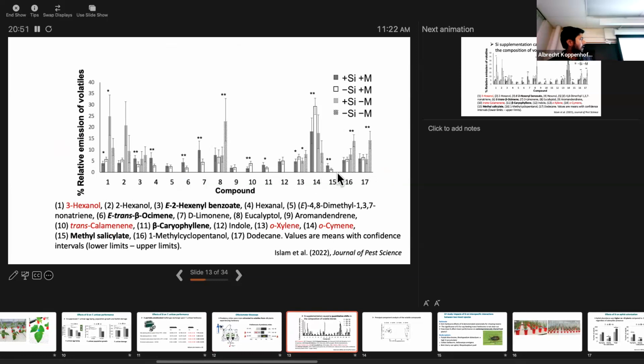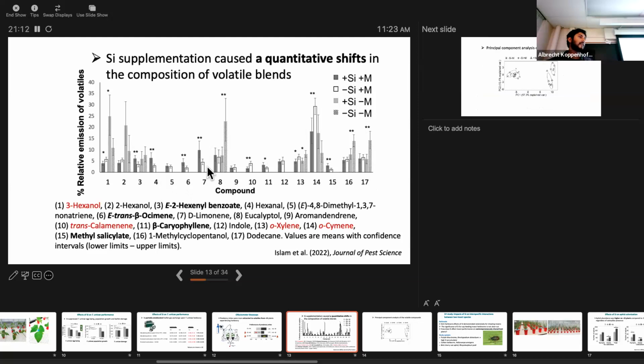So we found 17 different volatile compounds from plus and minus silicon plants experiencing Tetranychus urticae herbivory, and 8 volatile compounds when plants had no Tetranychus urticae. So silicon application did not cause the synthesis of any novel volatiles. So silicon just changed the quantitative composition of the volatile blends.